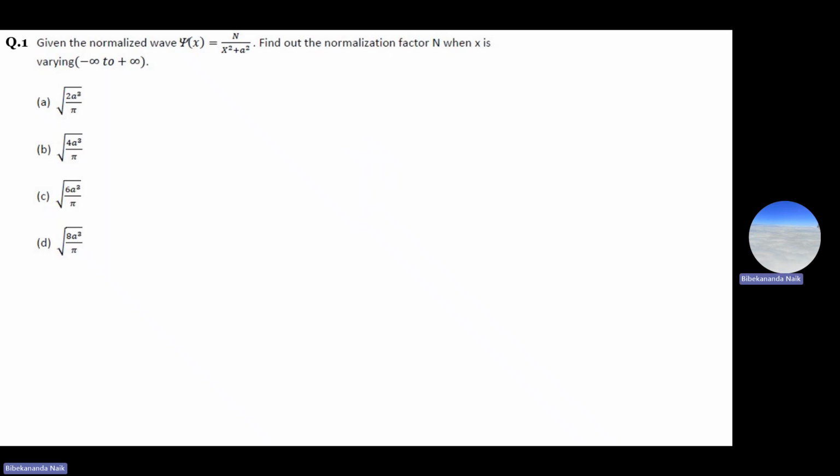The options are: option A, 2a cubed by pi; option B, 4a cubed by pi; option C, 6a cubed by pi; and option D, 8a cubed by pi. All are square roots. I will give you a few minutes to try this question. Then we will solve and find the normalization factor N for which the given wave function will be normalized.